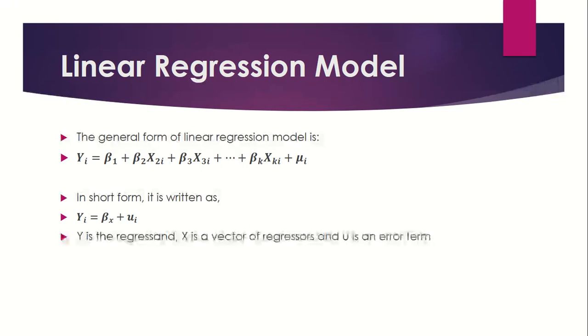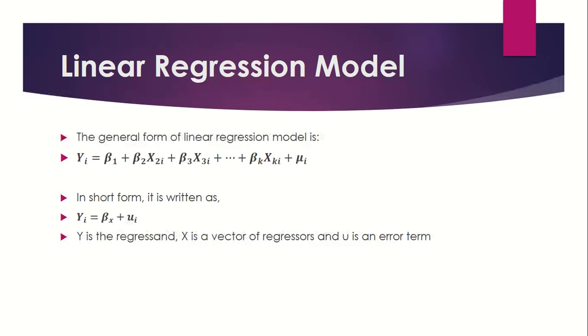You can write it in short form like this: yi is equal to beta x plus mu i. Here instead of writing subscripts, just beta x is mentioned.